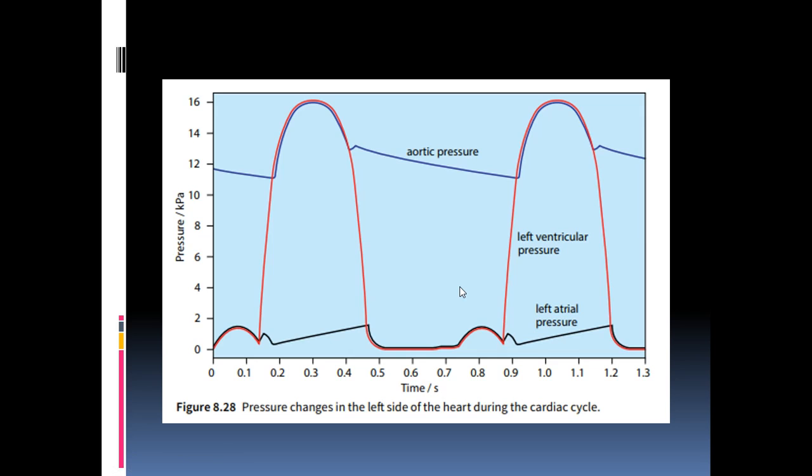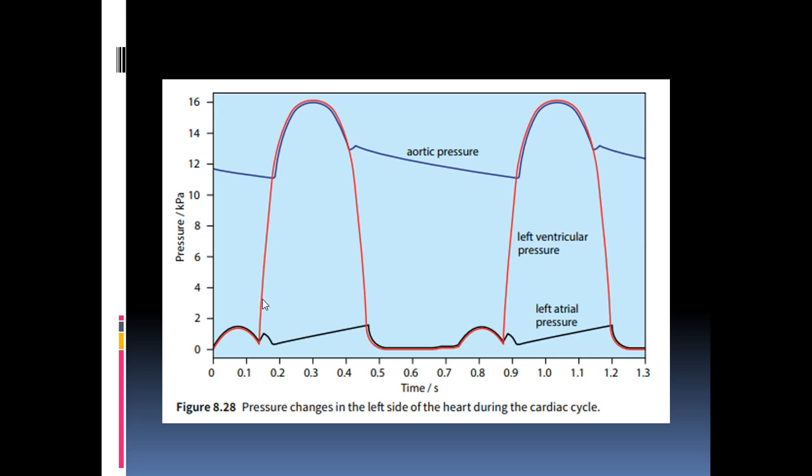Okay, so we have already learned that the cardiac cycle starts off with the atrial systole. So the atria will contract first, right, before the ventricle. If you look at the diagram, the pressure difference correlates perfectly with what we have learned.